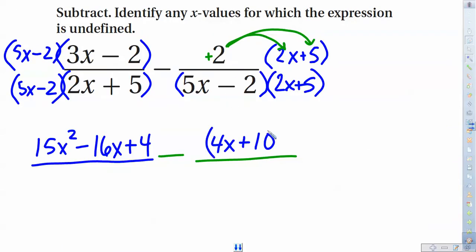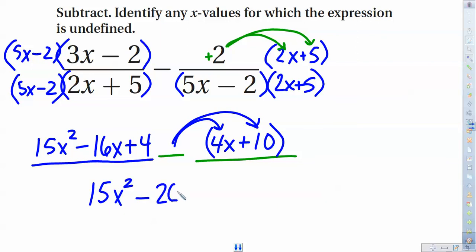So we need to subtract and distribute that minus sign and subtract 4x and also subtract 10. So when I do that, 15x squared, nothing happens there, so we have 15x squared. And then we take negative 16x minus 4x. That makes negative 20x. And then 4 minus 10, that makes a minus 6, wouldn't it?